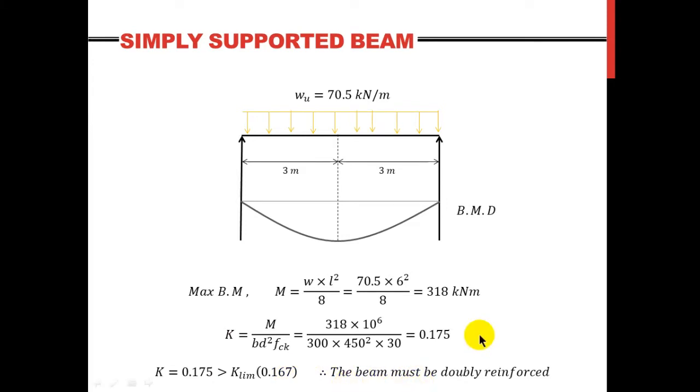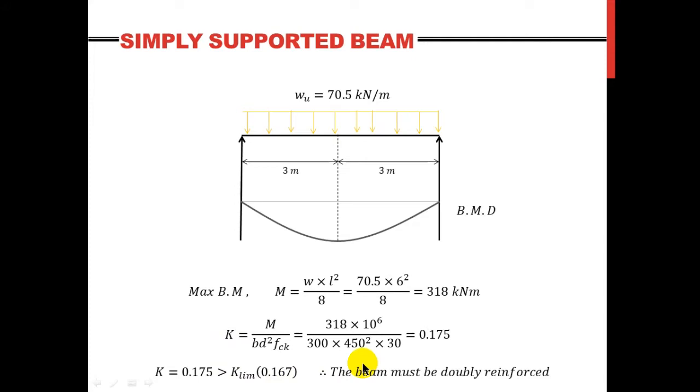Now I can do something here. I can go back and change my depth and breadth as well. I can change the breadth or I can change the depth, but you can tell there's a square here. So if I increase the depth, the K is going to reduce significantly, and then I can get a number less than this limit.